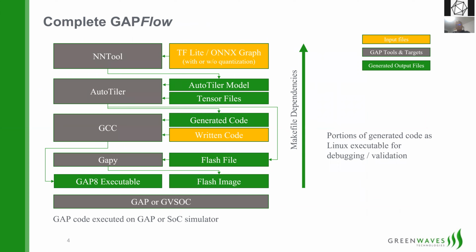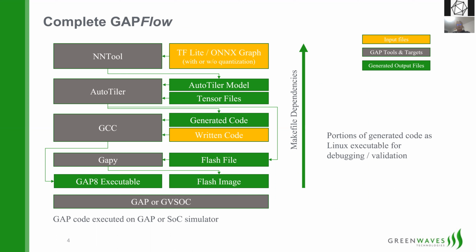To do that, we have a complete flow. One of the things that the autotiler takes in is quite a high-level model of the kernels that need to be executed. Then we have implemented specific kernels for the operations. We heavily use fused kernel operations, which are handcrafted to get the maximum energy efficiency out of the platform.